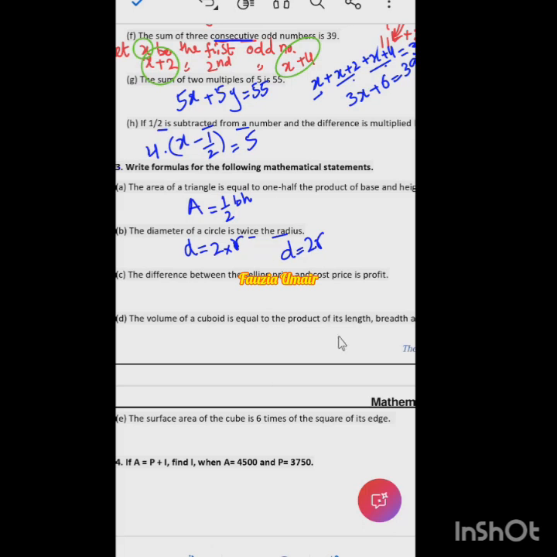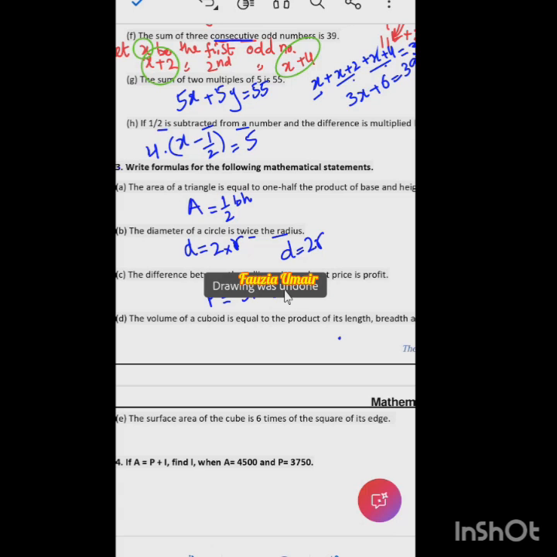So the next is: the difference between the selling price and the cost price is profit. So profit is equal to the difference between the selling and the cost price. So which price will come first? The selling price minus the cost price, that's right.